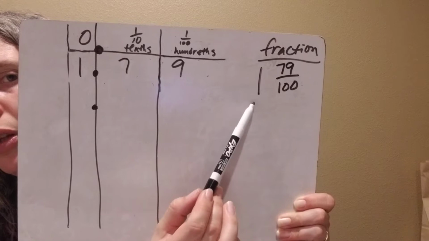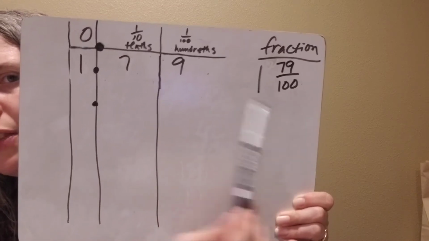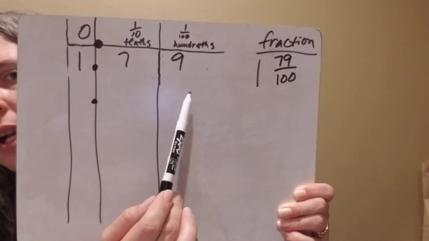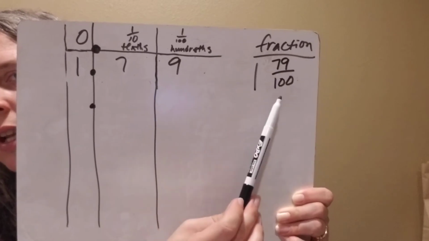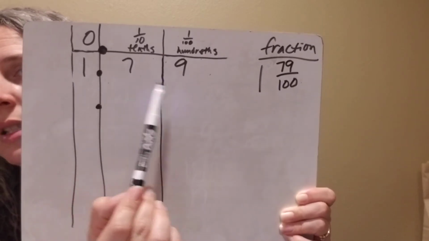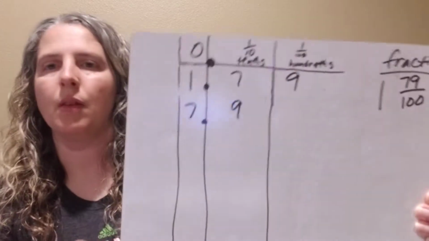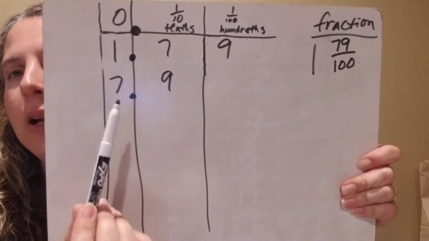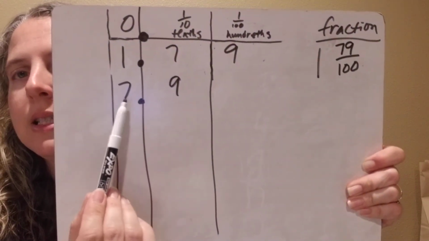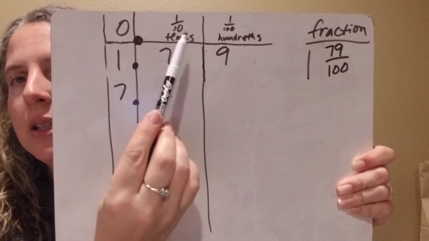So this should be your denominator, 1 79/100, right? Do you notice that when you write it and you read it as a fraction, it really is the same as reading it as a decimal? 1 79/100. Okay, 2 more. Let's do this one. Read this out loud while you write it down. 7 9/10.